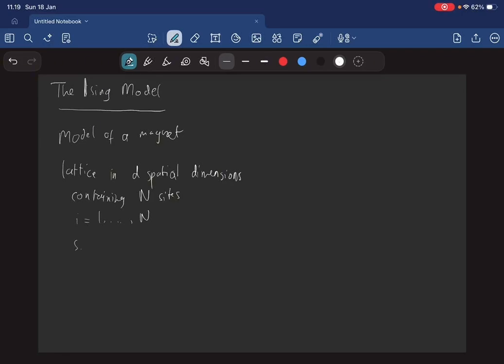So this discrete variable is s_i equals plus 1 or s_i equals minus 1. It is useful to refer to these states as spins, with s_i equals plus 1 meaning spin up, and s_i equals minus 1 spin down.